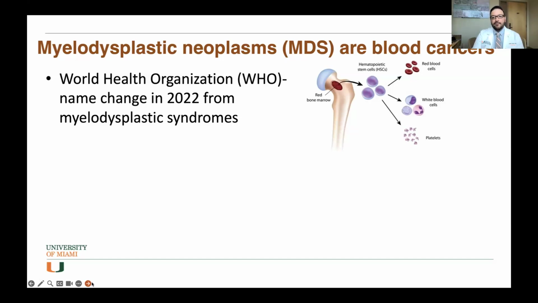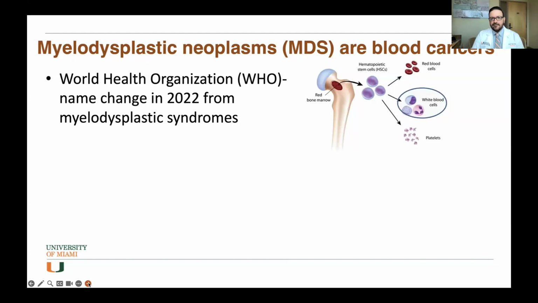It should be treated by a cancer doctor, a hematologist-oncologist, and it can be, in some cases, just as aggressive as a lung cancer. And we don't call those lung syndromes or lung disorders. We call them lung cancers. This new naming formalizes the recognition of MDS as a blood cancer. We still call it MDS, so as not to confuse with a new acronym, so you would hear the two different names used interchangeably these days.